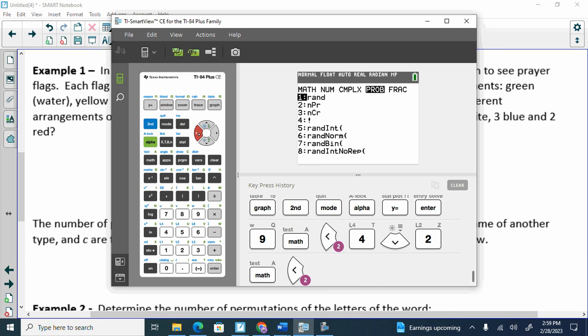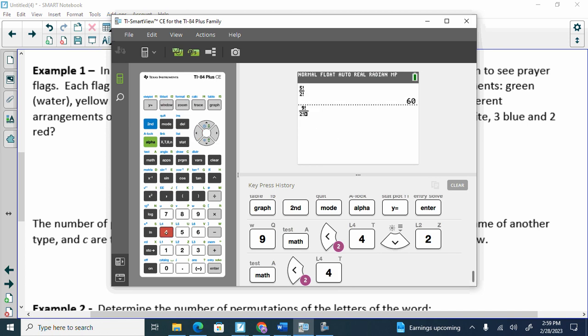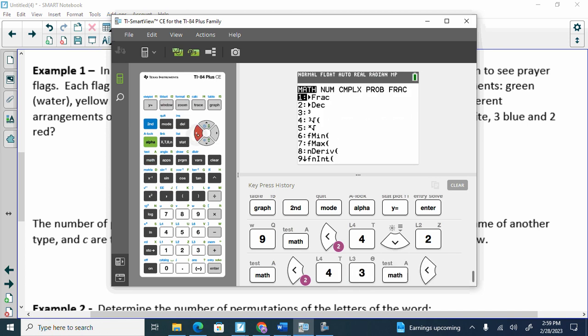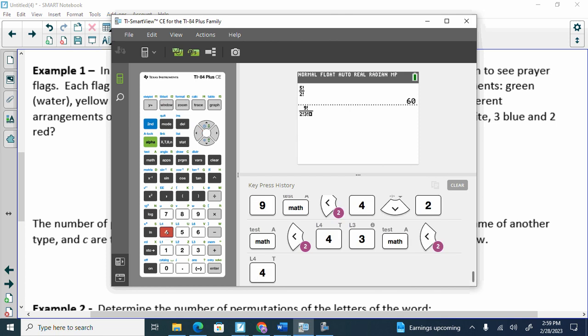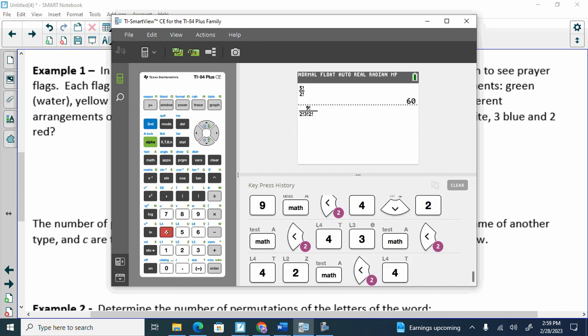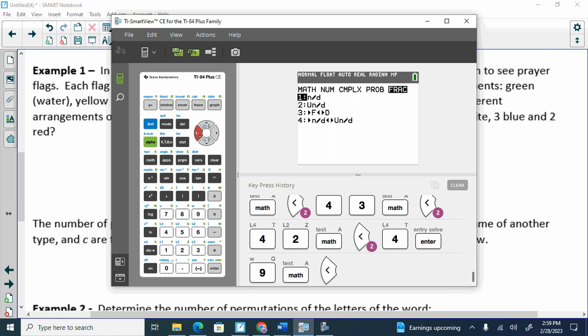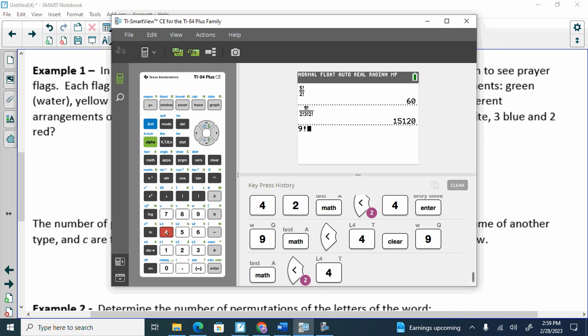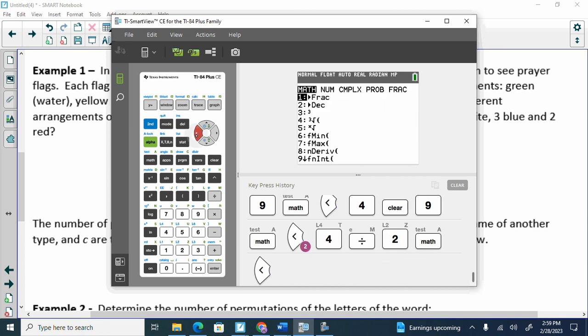No, because 2 factorial is 2. 2 factorial, and then 3 factorial, 2 factorial. So I don't need brackets if I'm actually using the fraction button. But watch if I don't, if I have a TI-83 or I don't use the fraction button. Watch what happens. So that's the actual answer. 9 math factorial. That's not factorial. 9 math factorial divided by 2.